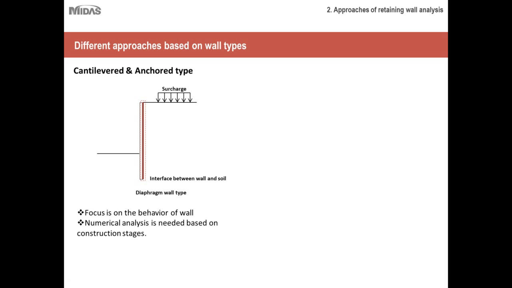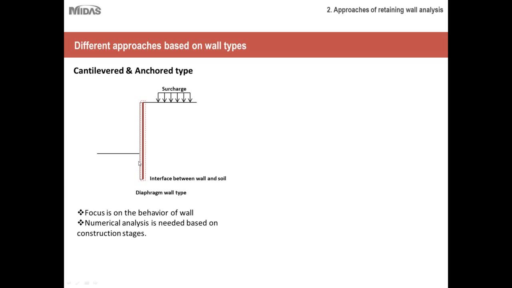When we do a numerical analysis, we must consider how this wall was constructed. Sometimes when you are dealing with tall walls, they are not constructed in one shot, but in increments or segments.